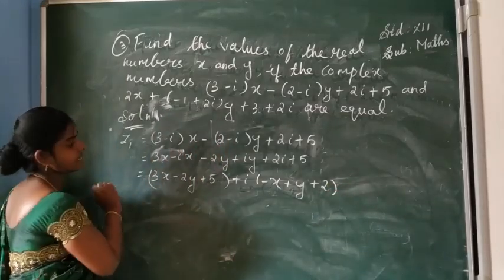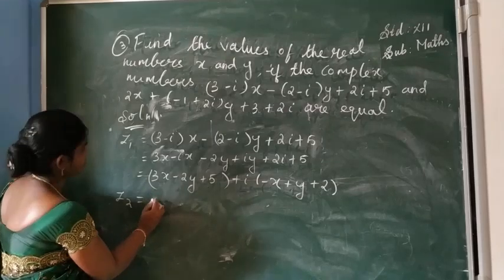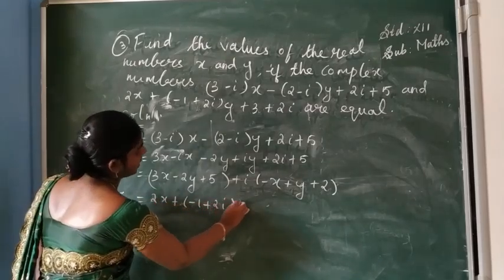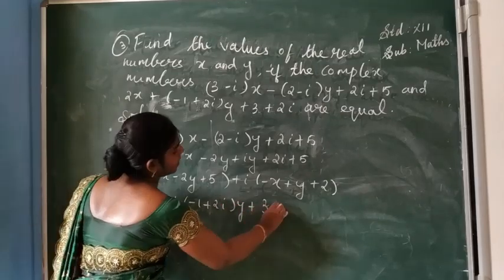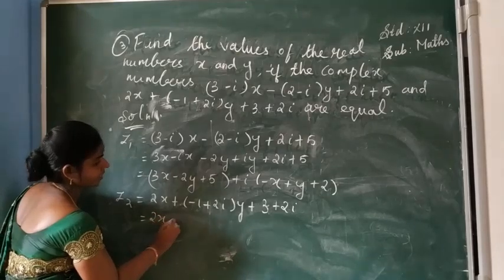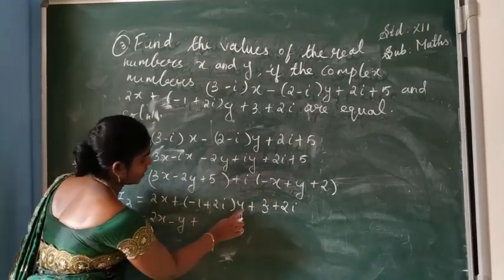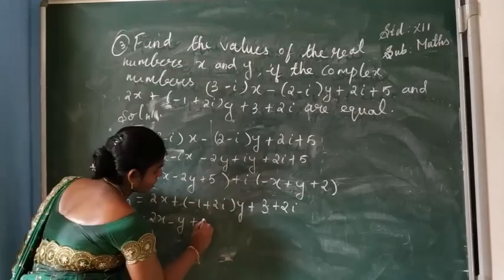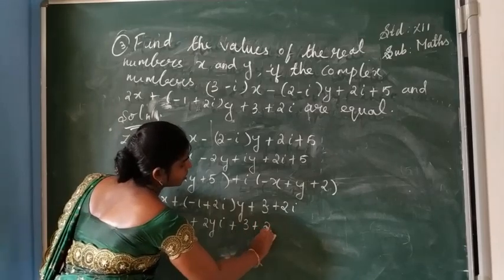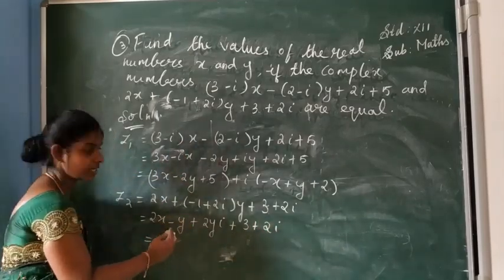So this is z1. Next we find z2, that's equal to 2x plus (minus 1 plus 2i) into y plus 3 plus 2i. That's equal to 2x minus y plus y into 2i, so 2yi plus 3 plus 2i. We can combine the real part and imaginary part separately.